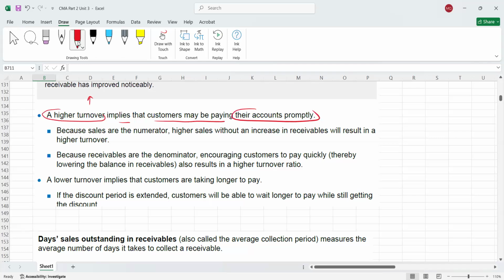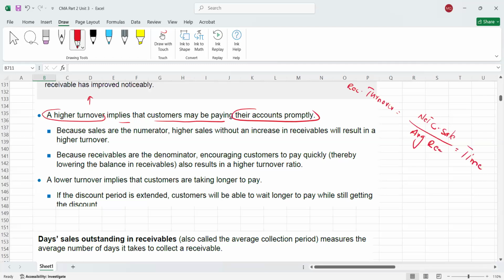Now, let me write here the receivables turnover I'm talking about. What's the formula? Net credit sales divided by average receivables, trade receivables, and this will give you the answer in times.